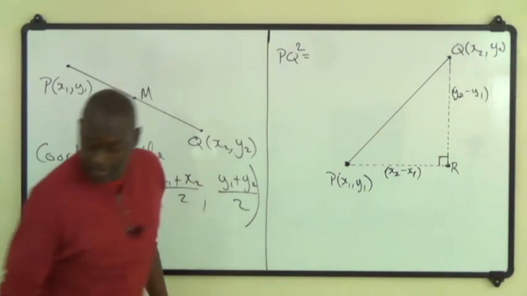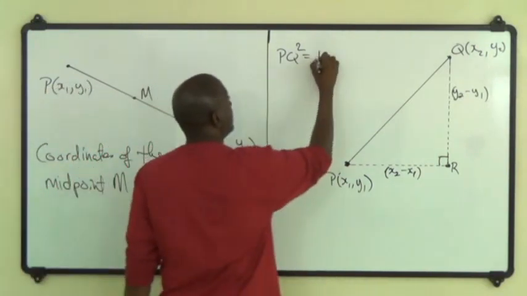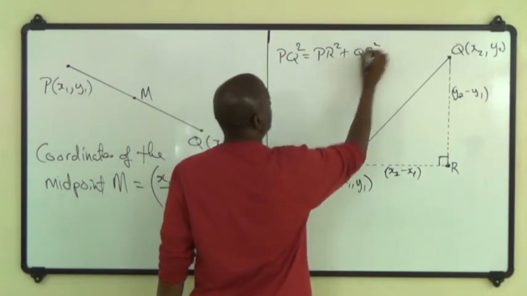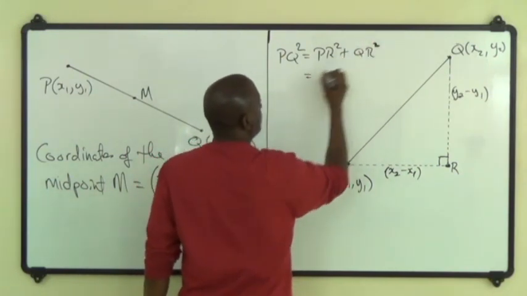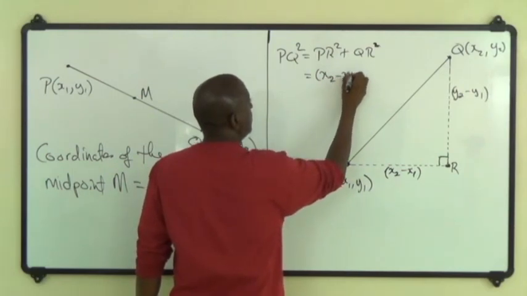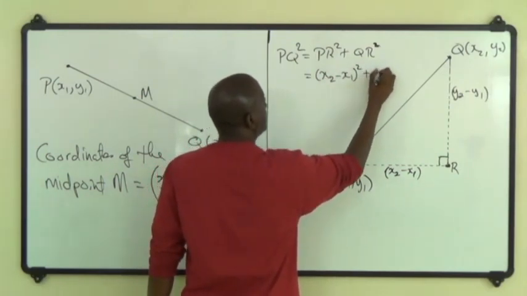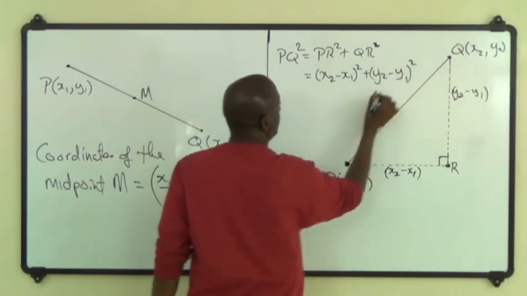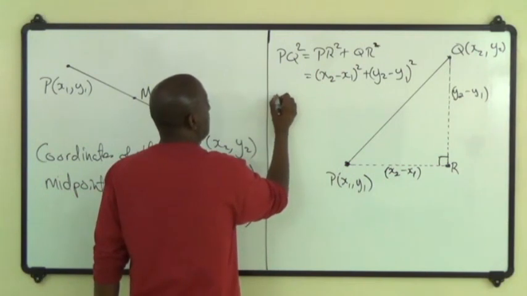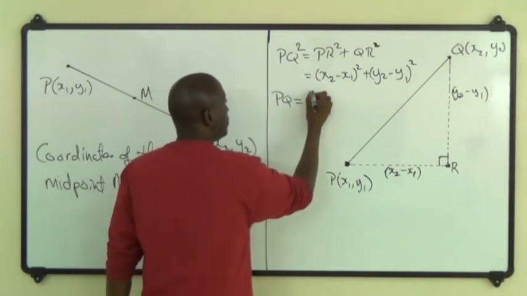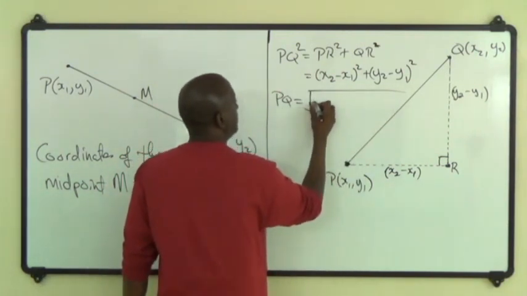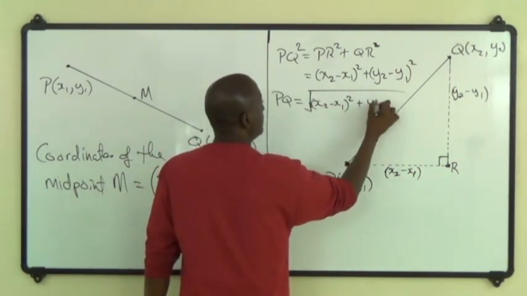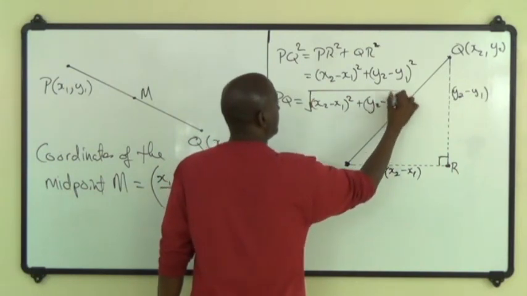PQ squared is equal to PR squared plus QR squared, which is equal to (x2 minus x1) squared plus (y2 minus y1) squared. Therefore, PQ is equal to the square root of (x2 minus x1) squared plus (y2 minus y1) squared.